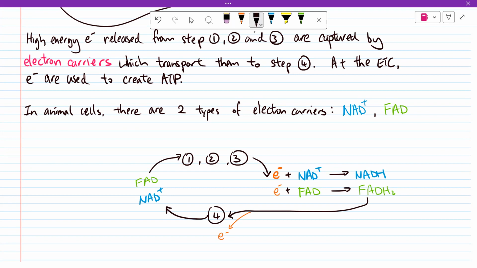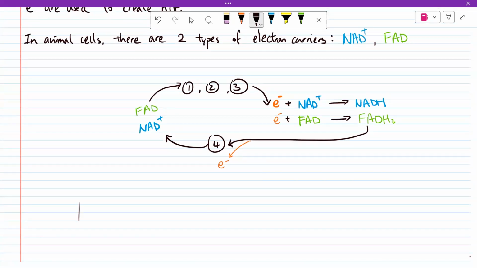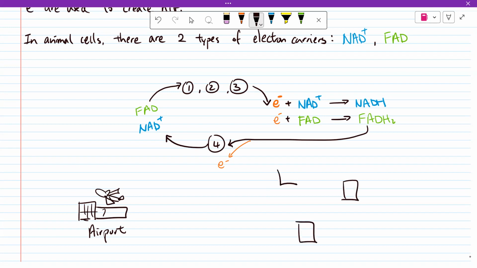I'll give you an analogy to help you understand. Let's say this is the airport, with an airplane. We have different hotels in the city. And then there are passengers. The passengers are the electrons.